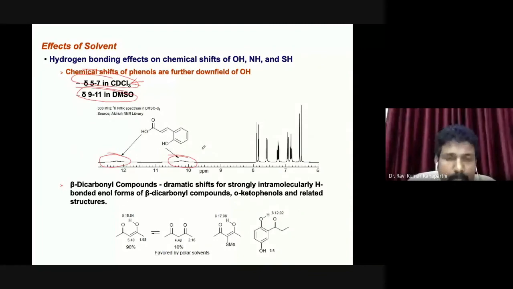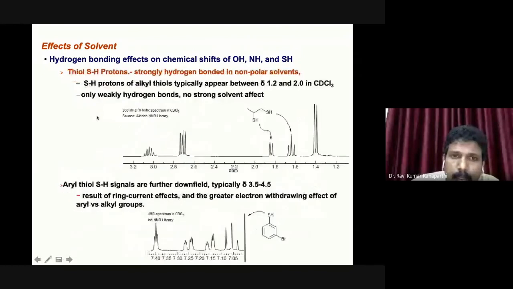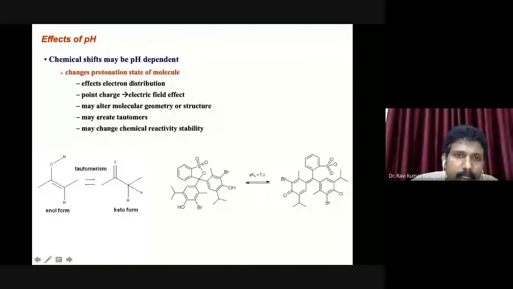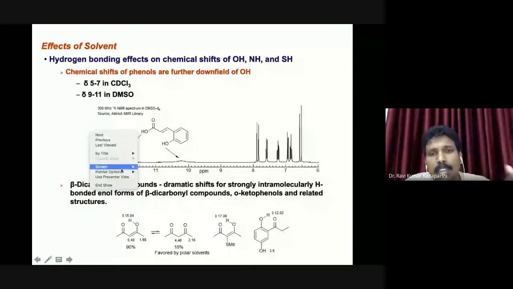If it is 1 to 5, and then there is a broad peak above 5, then definitely it can be a phenol. Sometimes, if you are using DMSO as a solvent, the broad peak can be found even after 9. So these are some of the indicators to solve the chemical structure.